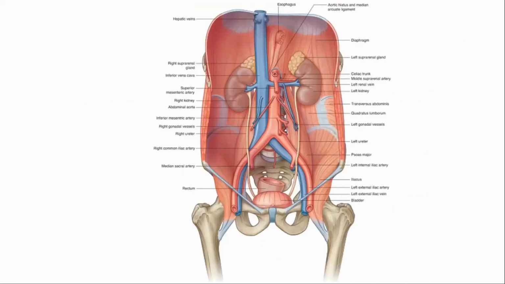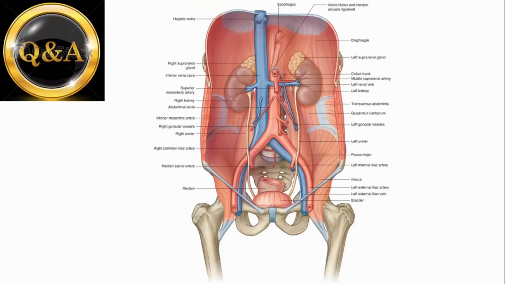Then, in this situation, we are continuing the story of the collecting system. The collecting system, where does it start? It starts at the minor calyx, where the papilla opens into this minor calyx, and this is the beginning of the story.